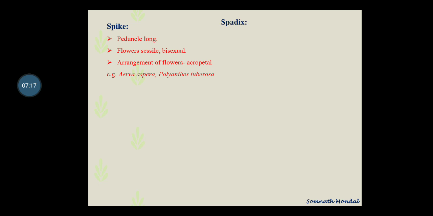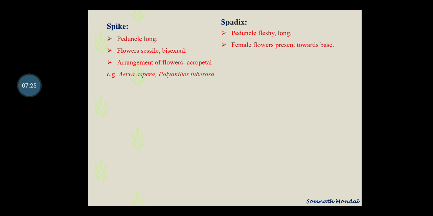First of all, spike. In case of spike, peduncle is long, but flowers are sessile, bisexual. Arrangement of flowers obviously acropetal as it is a Racemose inflorescence. Example, Aerva aspera or Polyanthus tuberosa. And in case of spadix, it is more or less like a spike, but the peduncle is fleshy, long.